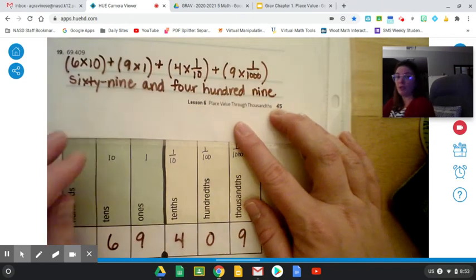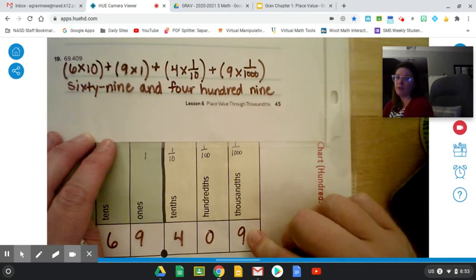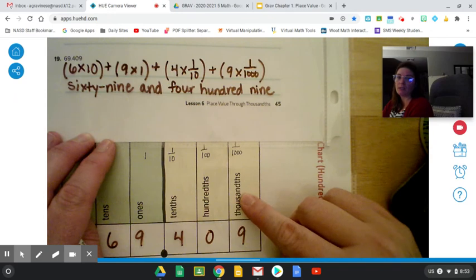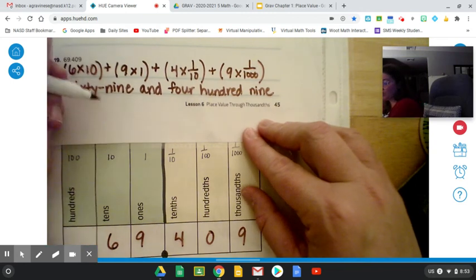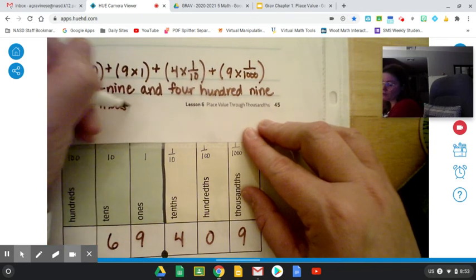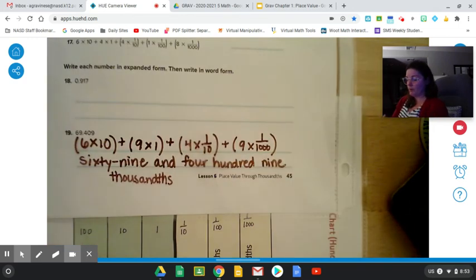And then to finish, we always have to name the last digit's place value. The last digit is 9, and it's in the thousandths. So I have to add that to my word form. 69 and 409 thousandths. And that's your word form.